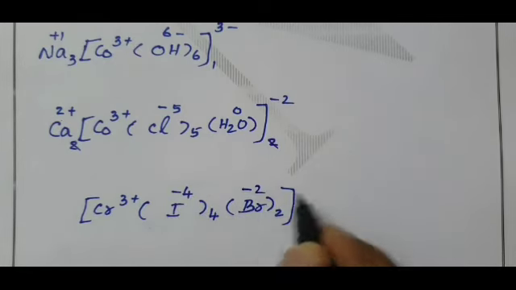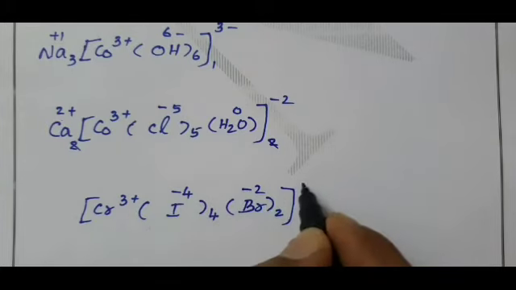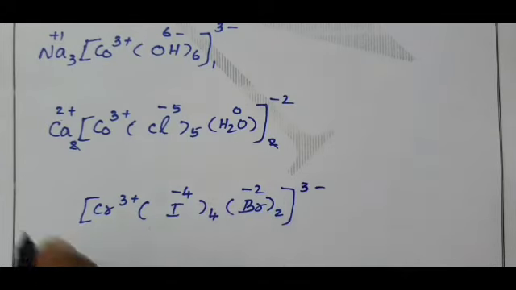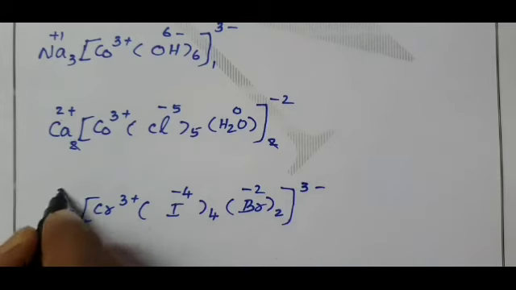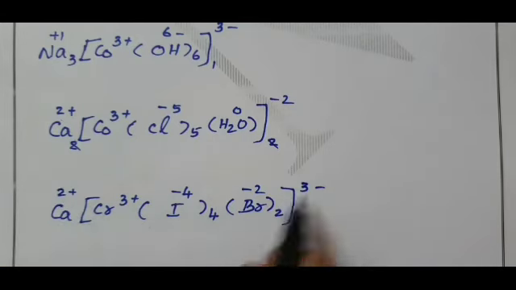When you add all these, 6 minus 3 plus gives 3 minus, that is neutralized by adding calcium, a 2 plus ion, cross the valency, that 3 is here, this 2 is there.